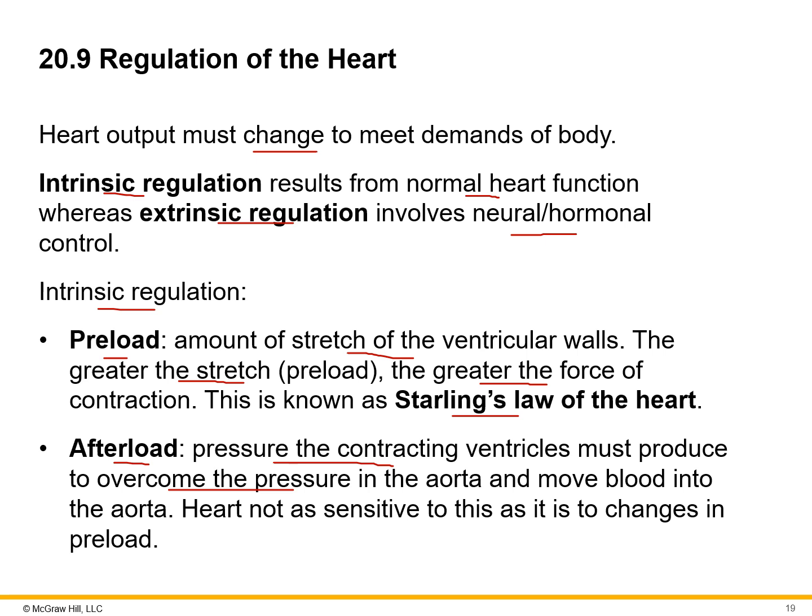So that's referred to as the afterload, the pressure of those contracting ventricles to overcome and be higher than that of the aorta or pulmonary trunk. So the heart's not as sensitive to this as it is to changes in the preload. So typically, the stretching of the ventricular walls is more a factor than the afterload.